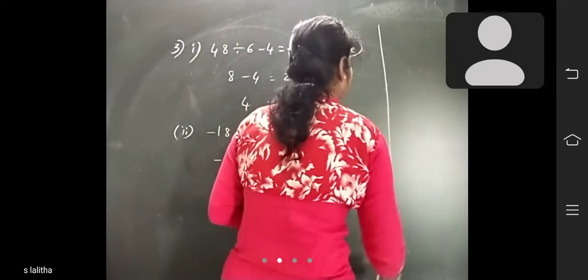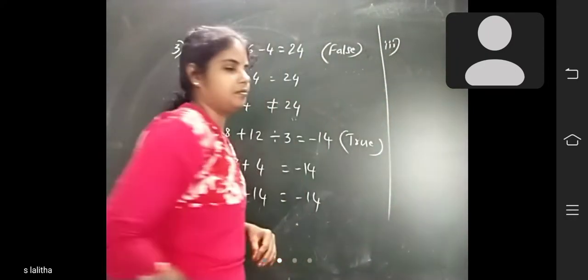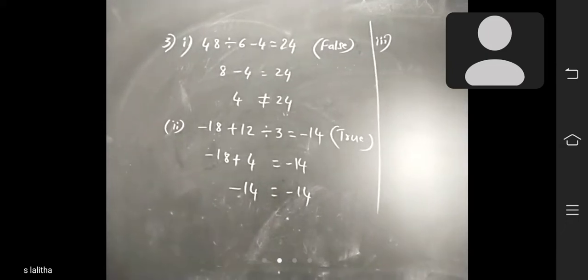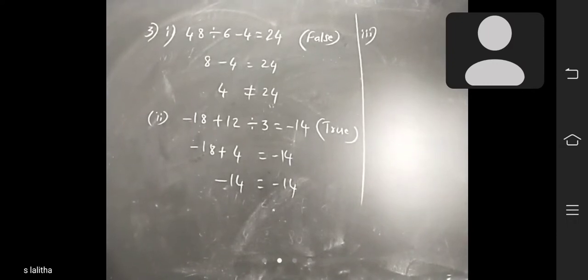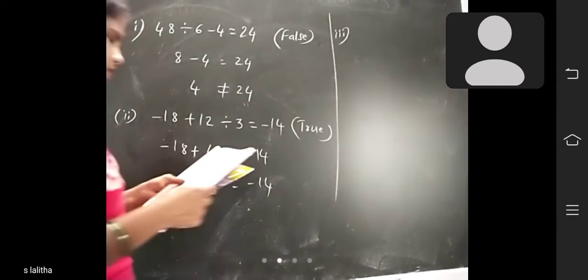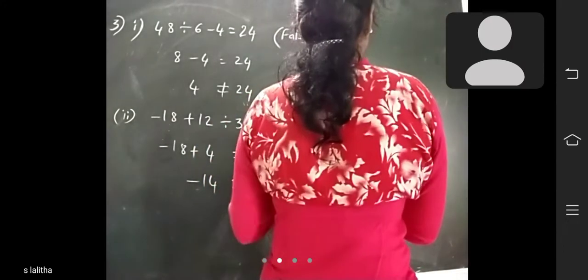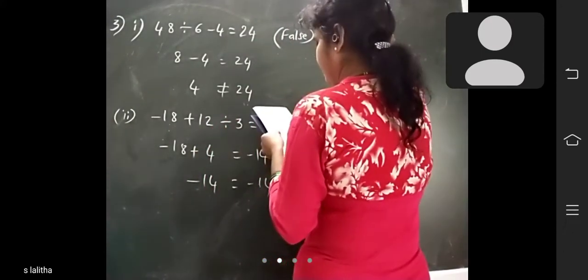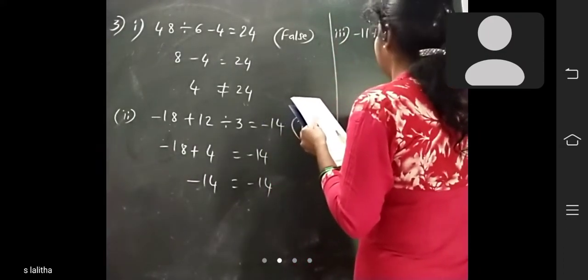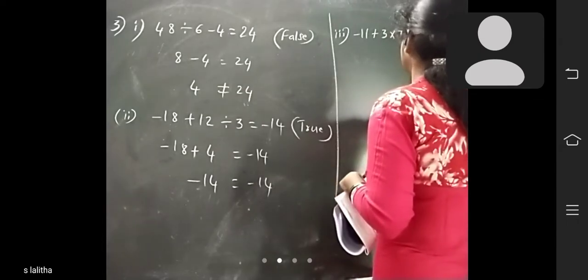And third one. See children, what is the third statement? Minus 11 plus 3 into 7 equal to minus 56.